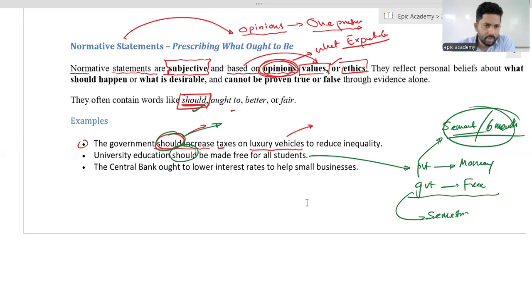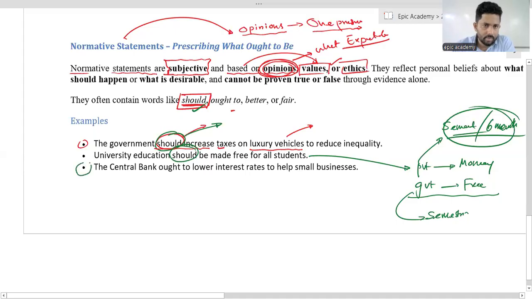Here "should" is expressed as something like "ought to" in English. If the central bank or monetary authority in any country reduces the interest rate related to borrowing or credit, a low interest rate.